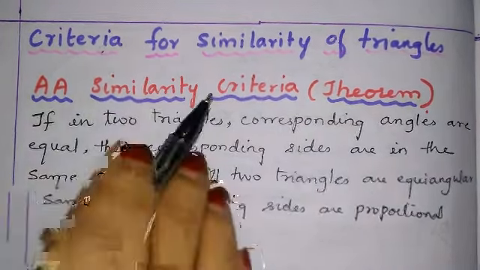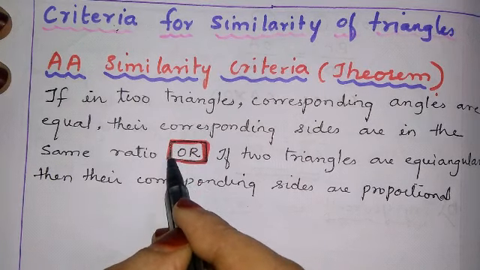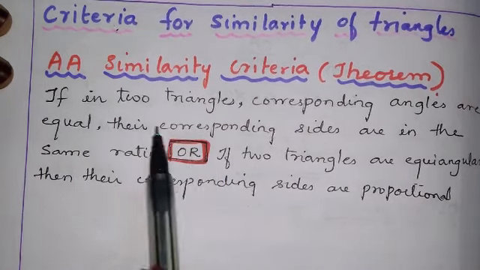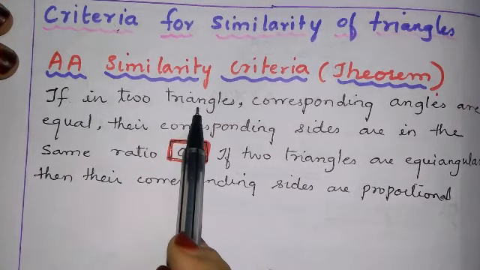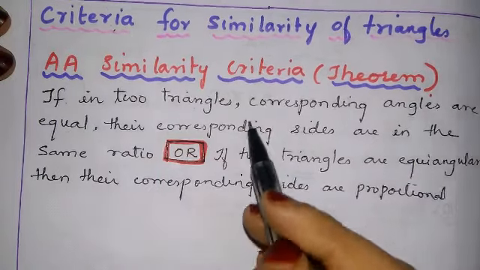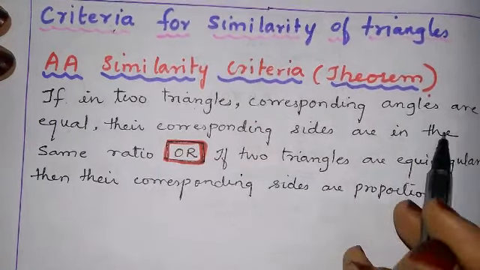So for the theorem statement, in the examination paper you will get two types of statements. The meaning will be the same, only the wording is different. If in two triangles corresponding angles are equal, then their corresponding sides are in the same ratio.